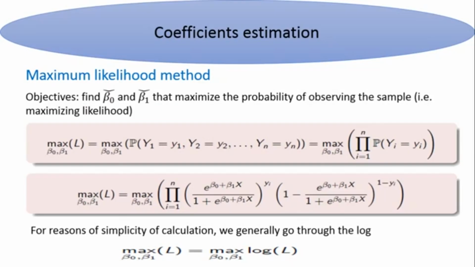The objective of maximum likelihood is to maximize the probability of observing our sample. For simplicity, we will maximize the logarithm of our likelihood function, which gives the same maximum, and is very easy to manipulate.